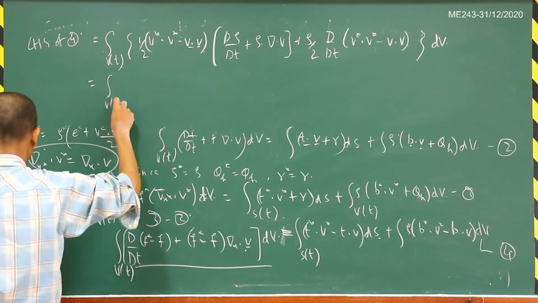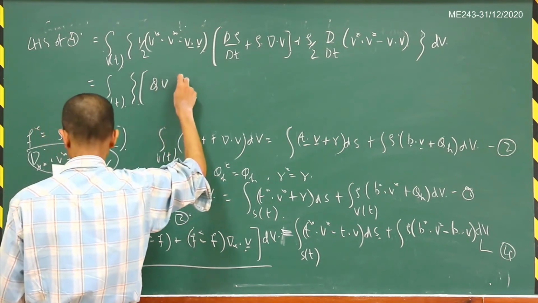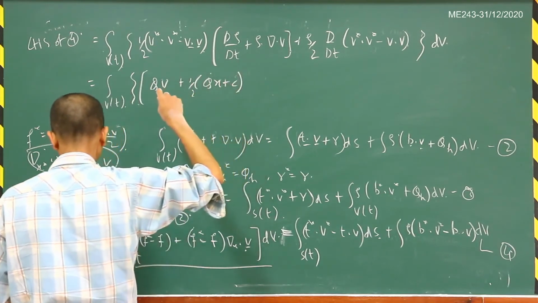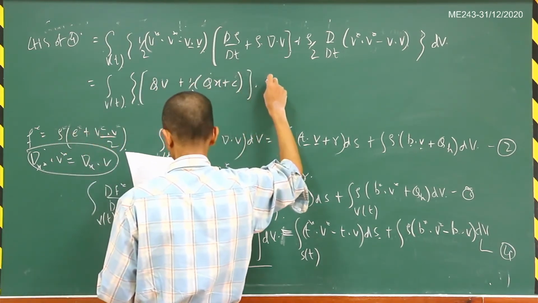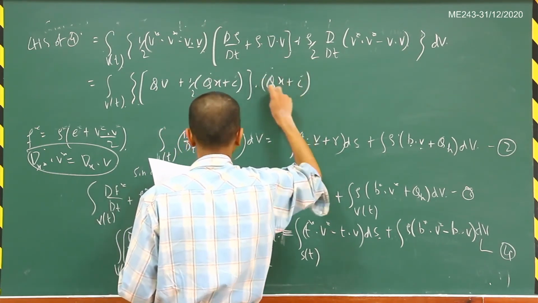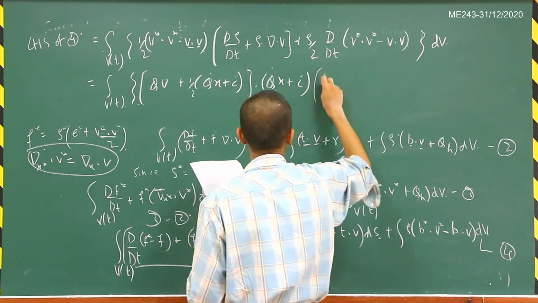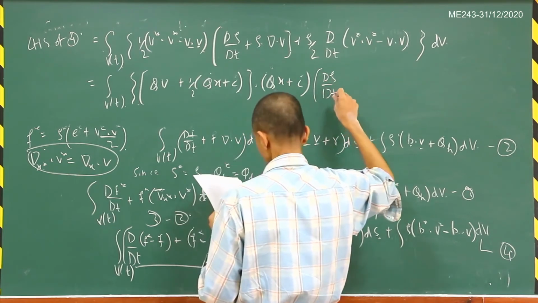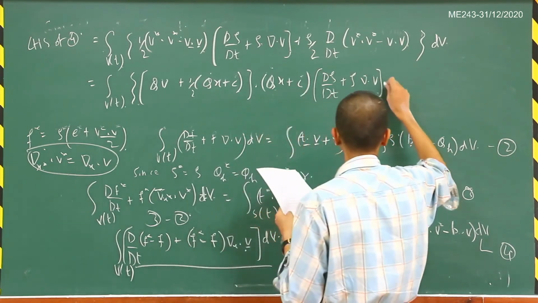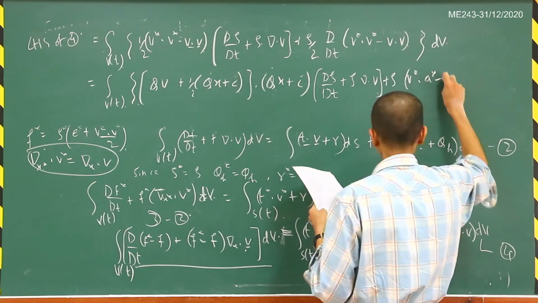So this is integral over v of t of q v plus half of q dot x plus c dot, dot product with q dot x plus c dot, times d rho by dt plus rho del dot v, plus rho times v star dot a star minus v dot v.